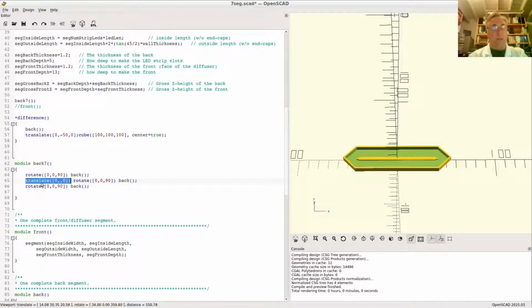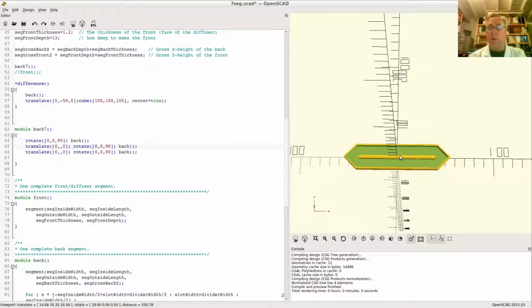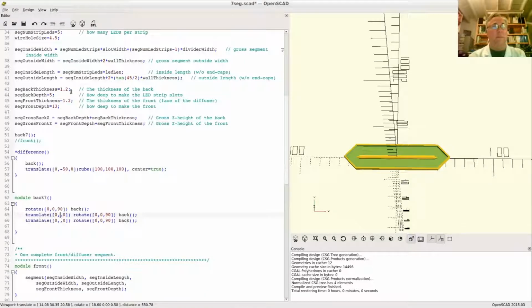So basically, it'll look like this. It needs to move up how much? Well, we know that the outside length is this edge here. So this corner here needs to move up that much. So the center has to move up this much plus 1 outside length plus half of this width again, and that width is the outside width.